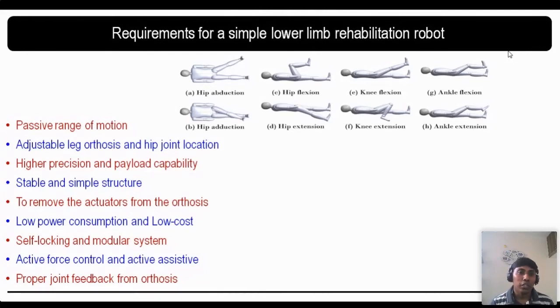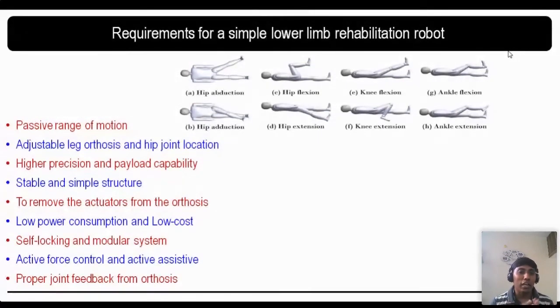Apart from that, the system is supposed to be stable and provide the safety aspect. The actuator should not be put on the orthosis, which would make it bulky, and the patients would get afraid to enter the system. So these are the major things.